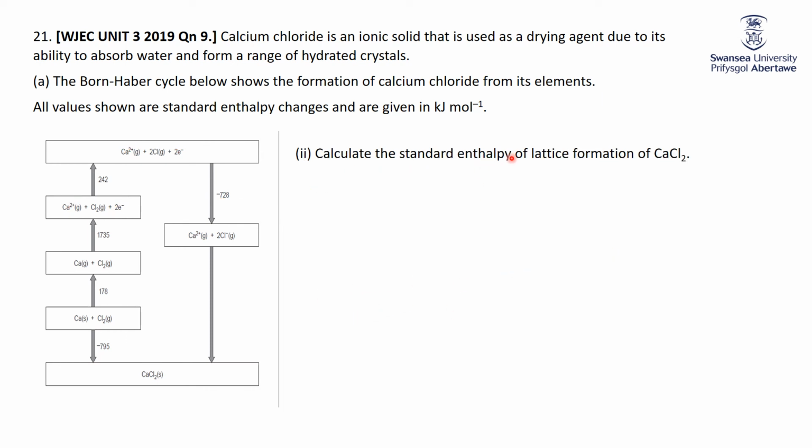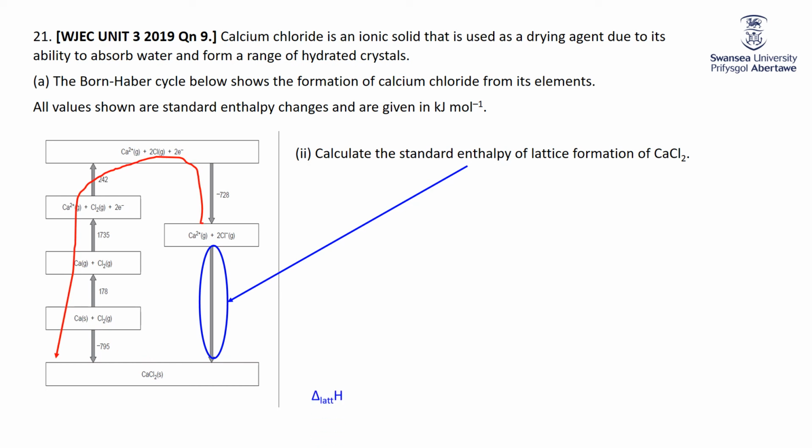Calculate standard enthalpy of lattice formation of CaCl2. Well, lattice formation is where you go from the gaseous ions to the ionic compound in the solid state. So this here is the lattice energy, right? Enthalpy of lattice formation. So going straight from there to there is the lattice energy, or we can just go in this little cycle all the way around, as shown by my nasty little red hand-drawn arrow there.